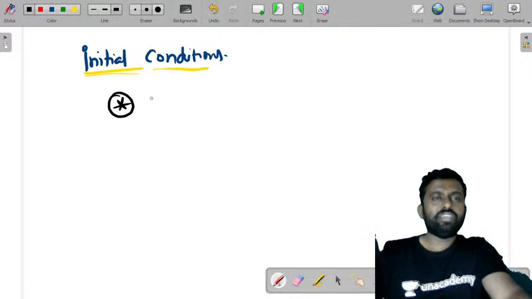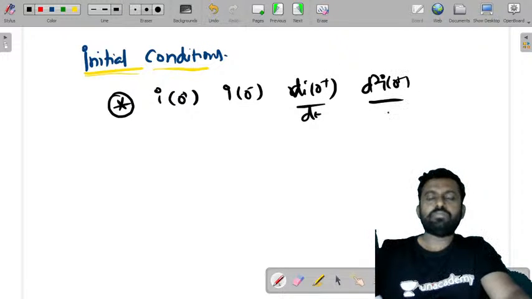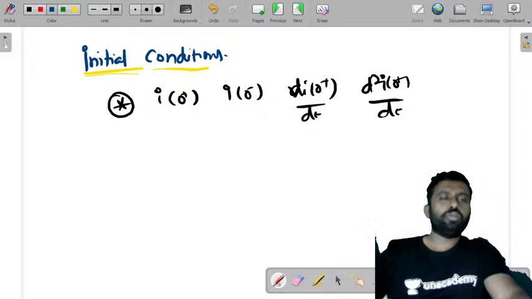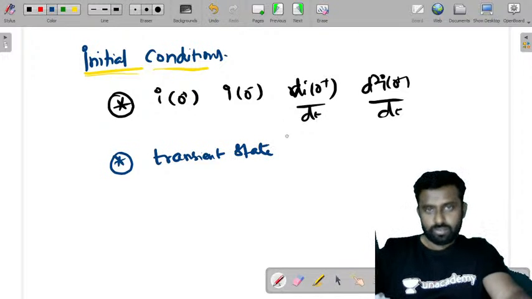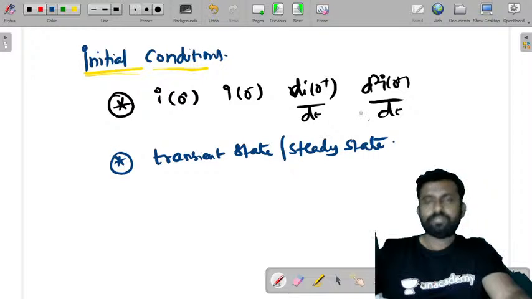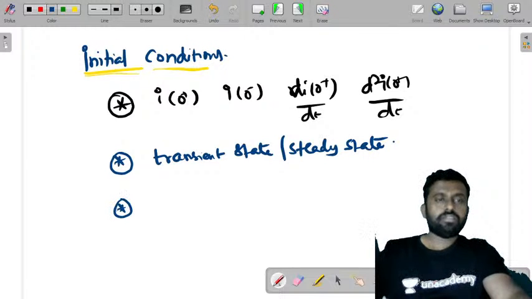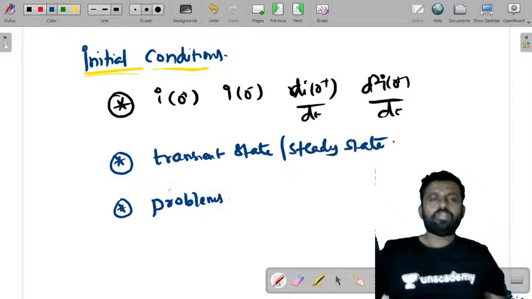And in this video we have solved for the values of I of 0 plus, I of 0 minus, di of 0 plus by dt, and d square I of 0 plus by dt square. And I also told you about what the transient state is and what the steady state is, and we have solved some problems on these concepts.